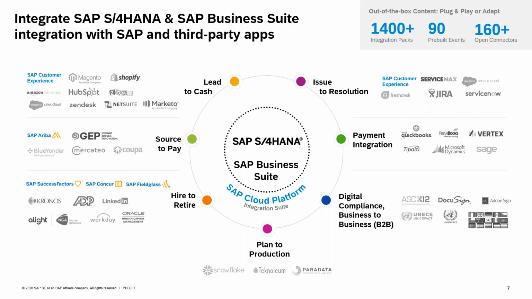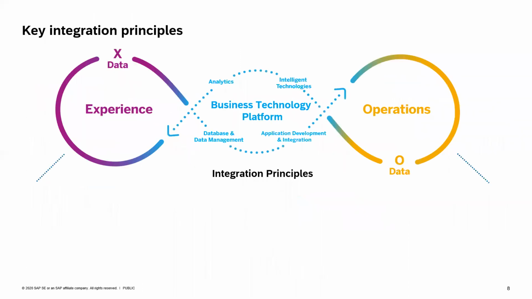Because you are decoupling the logic, you have accelerated implementation because of the pre-built integrations that we are providing. You have the power to repurpose the integrations as the digital core transformation project evolves in the background, without being concerned about what the downstream system is.